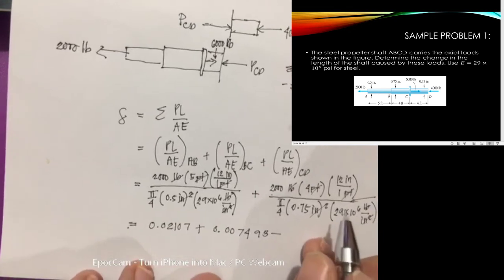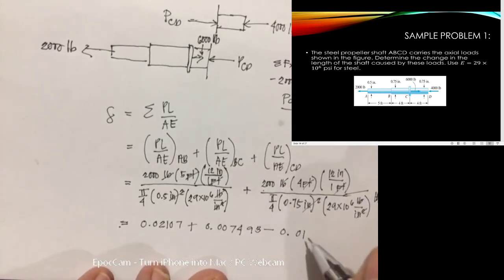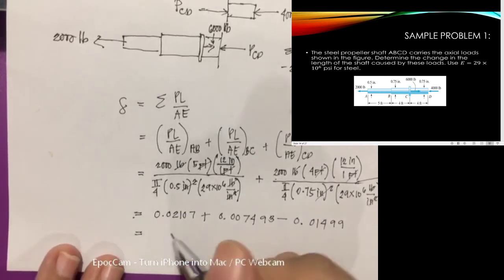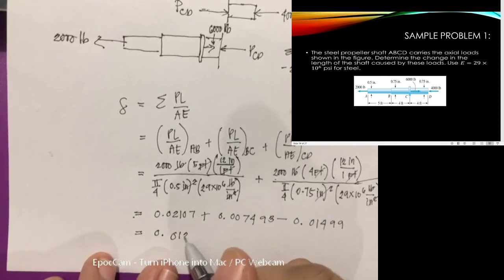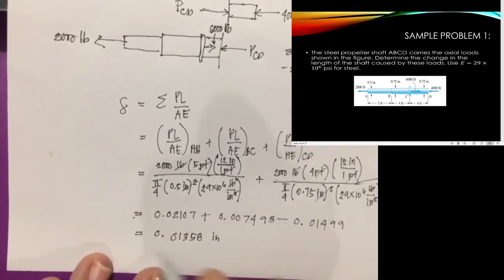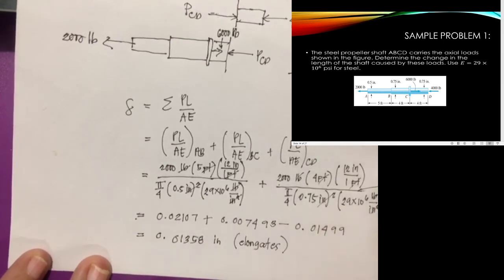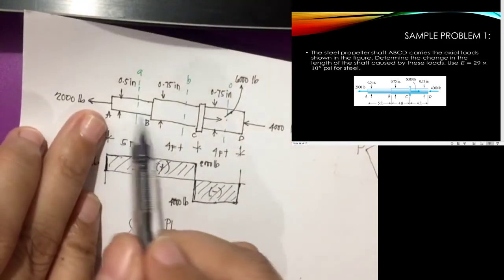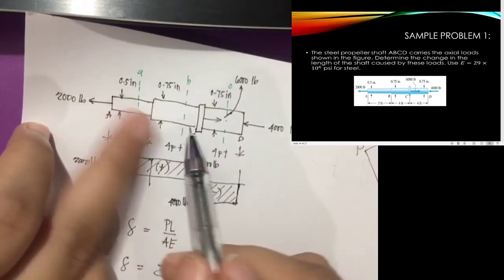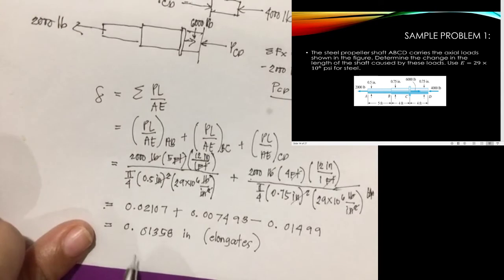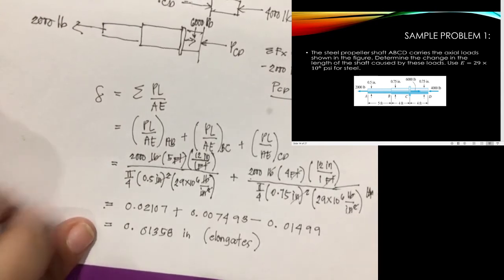Then this one minus 0.01499. So, our answer here, class, is 0.01358 inch. Meaning it is positive, so it elongates. This section will lengthen, and this section will also lengthen, while this one will shorten. If you look at it, it is already in inches, but the value is 0.01358. It is already so small, right?